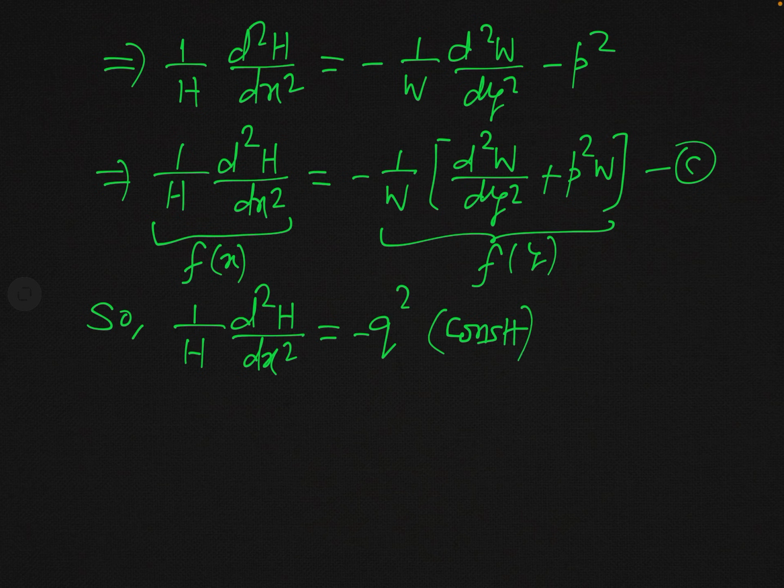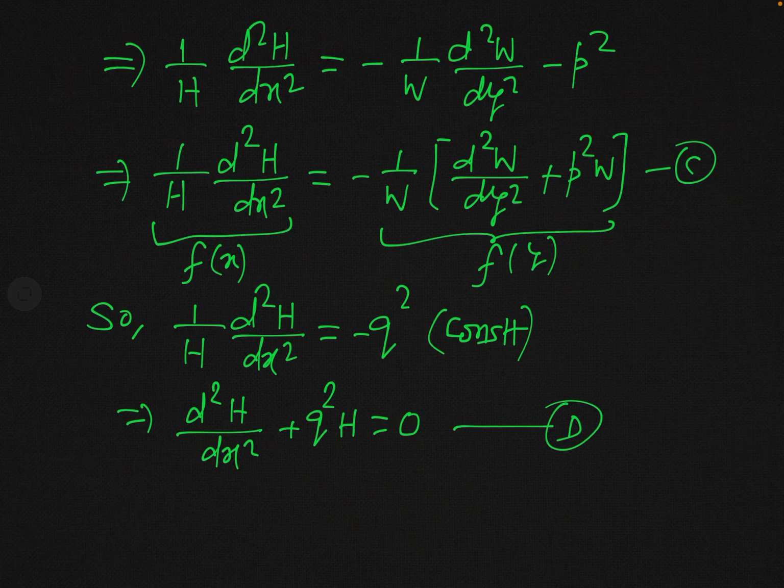So this equation may be written as d2h by dx square plus q square h is equal to 0, and say this is equation D.